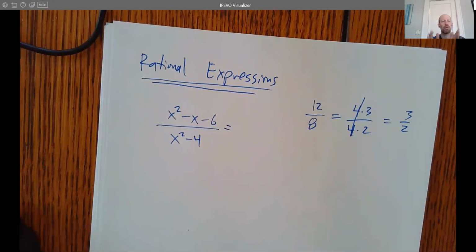The most important thing, and this is why, no matter what, I was going to talk a little bit about this section before you get started, the most important thing about rational expressions is that you factor before you start to do anything. If you don't factor before you start to simplify or add or subtract or any of the other operations, you're going to get the problem 100% wrong, and it's going to look bad.